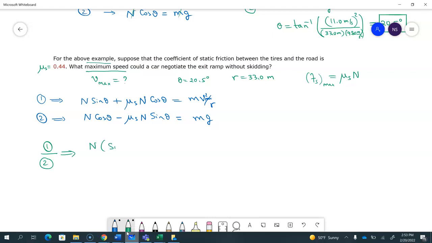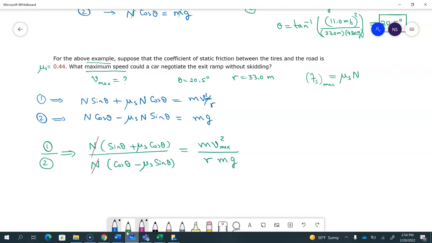So n times sine theta plus mu s cosine theta, that's coming from the left hand side of equation 1, divided by the left hand side of equation 2, which is n times cosine theta minus mu s times sine theta, and that's equal to m times Vmax squared divided by r, divided by mg, right? So now I can cancel off a few things. The normal force goes away, so does the mass.